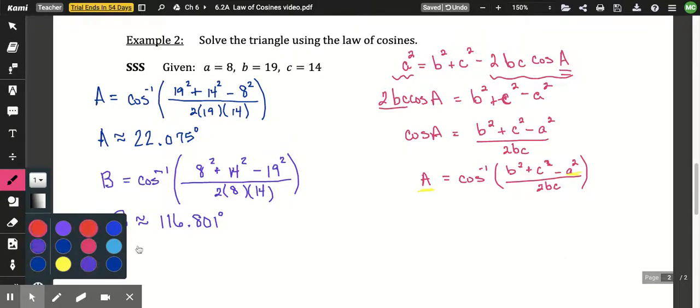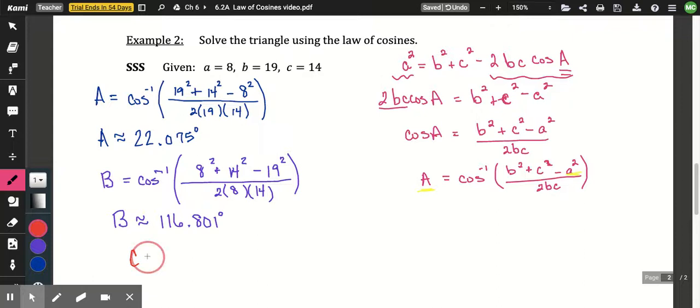Okay, and then the final thing I need to find is angle C. For this one, normally if we were in class, I would have you use law of cosines again because it's good practice for you.